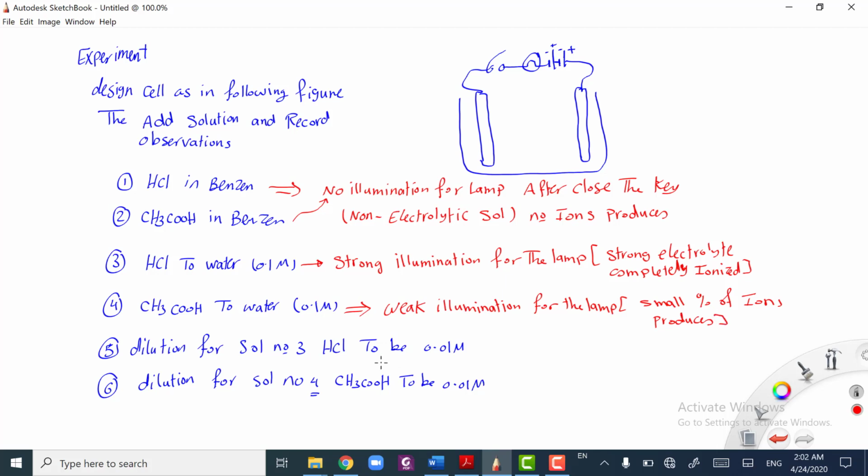After the dilution of hydrochloric acid to be 0.1 molar, there is no change in the lamp illumination, since it is a strong electrolyte.